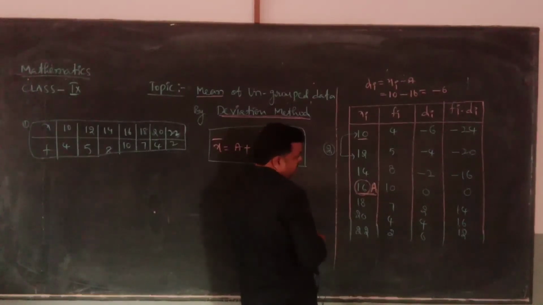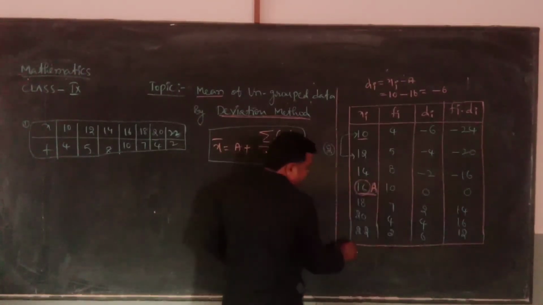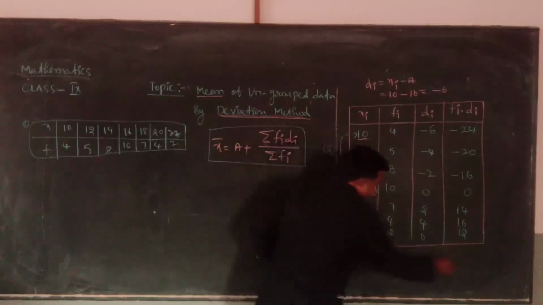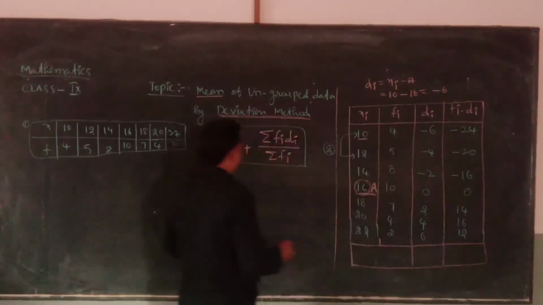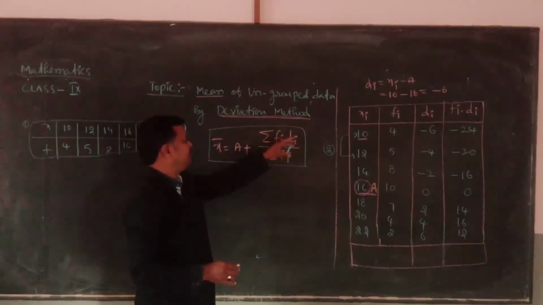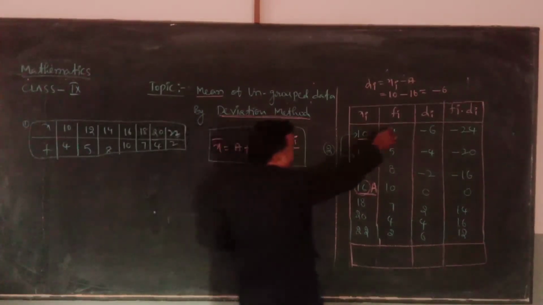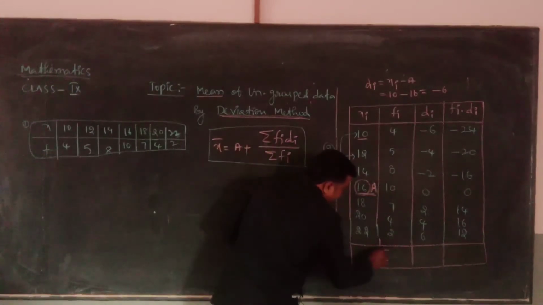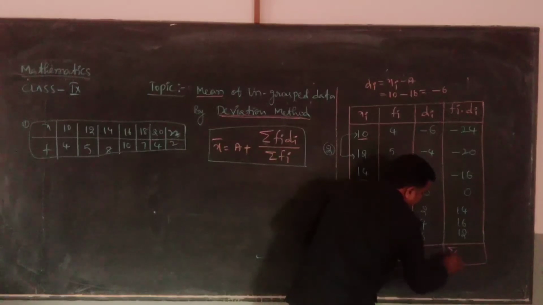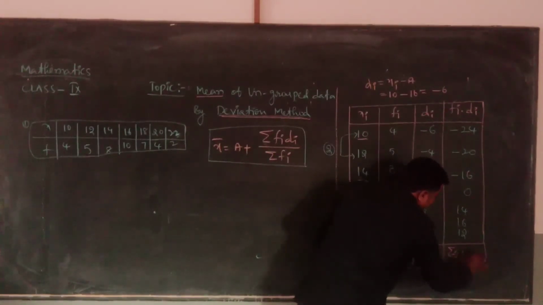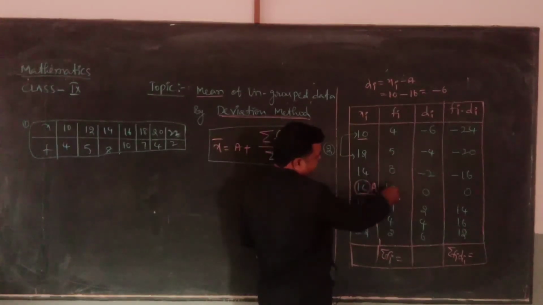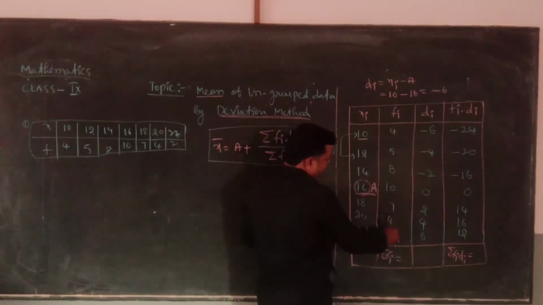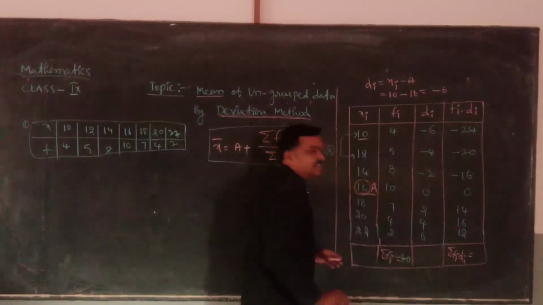Next, in the formula a plus sigma fi di by sigma fi, by adding all the frequencies we get the sigma fi value: 9, 17, 27, 34, 38, 40. Sigma fi is 40.